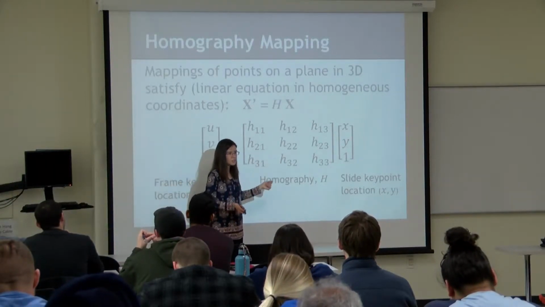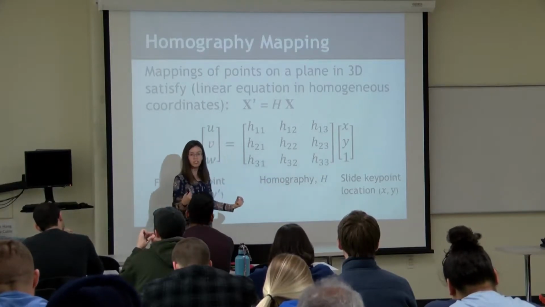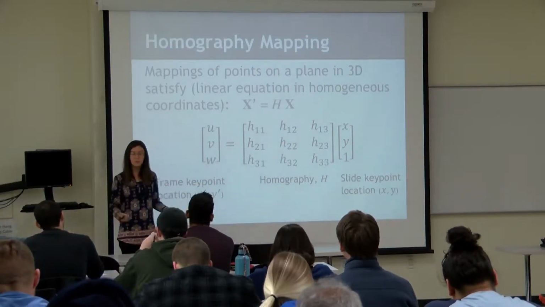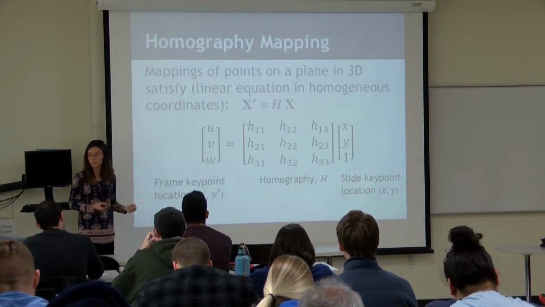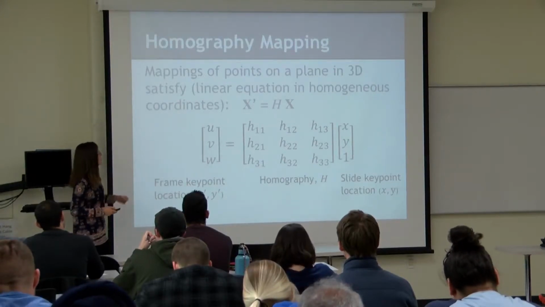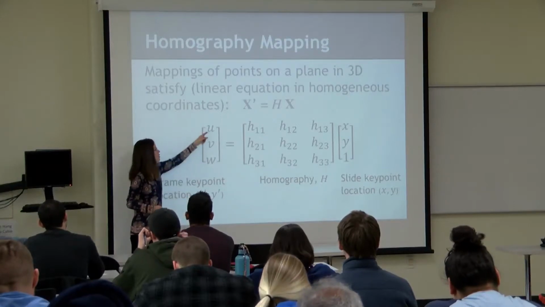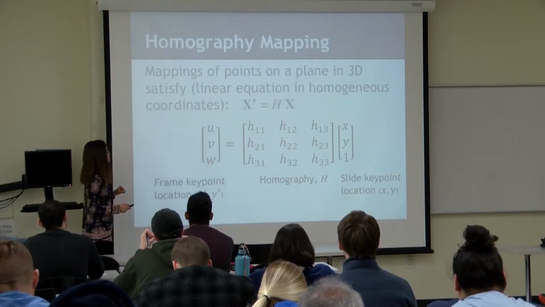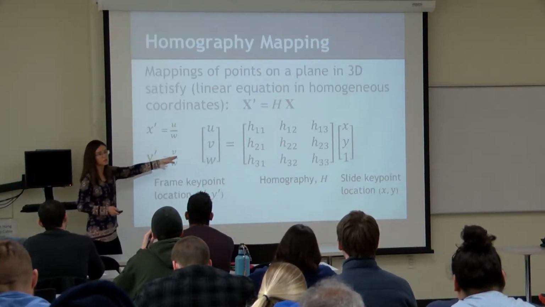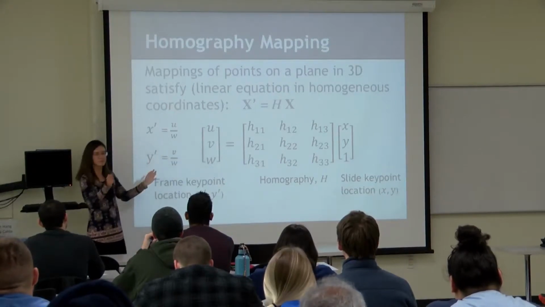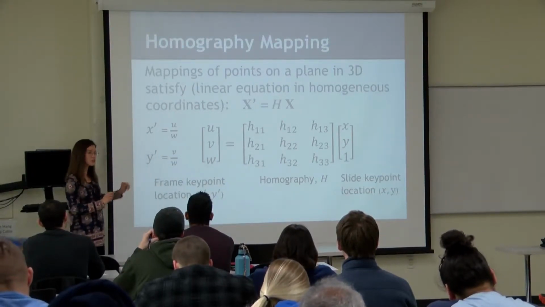Nobody has given it to us. All we have are those locations of the key points. And this is where we bring in another tool from computer vision. And actually, for those of you who are wondering why I have x prime, but there are no x primes here, this is how you go from this to here. Just a step for those of you who are wondering.